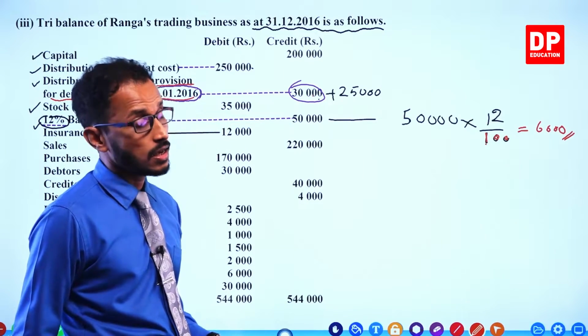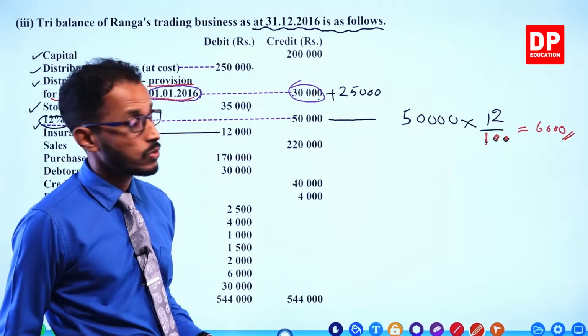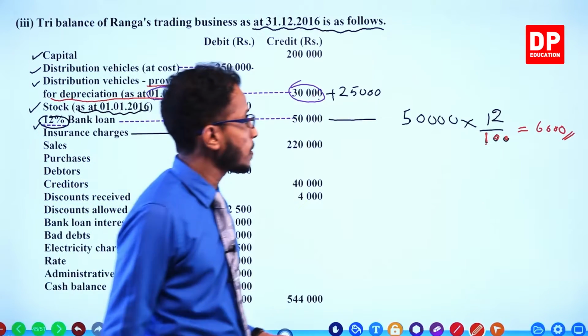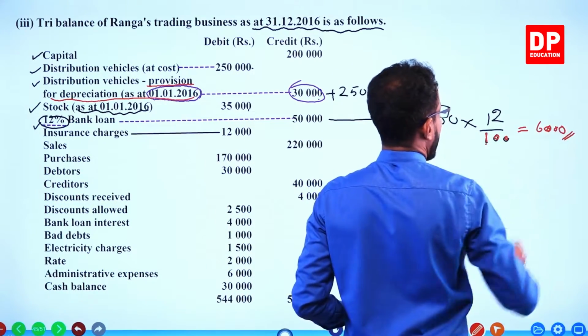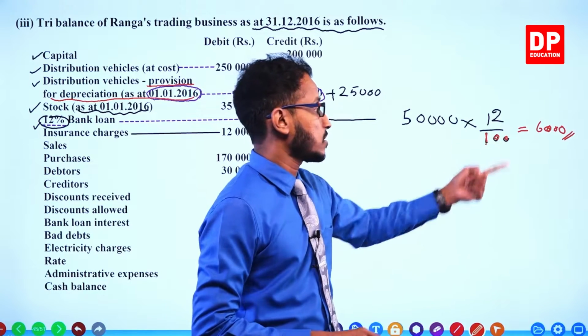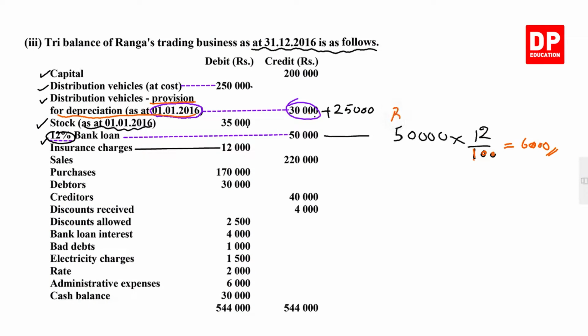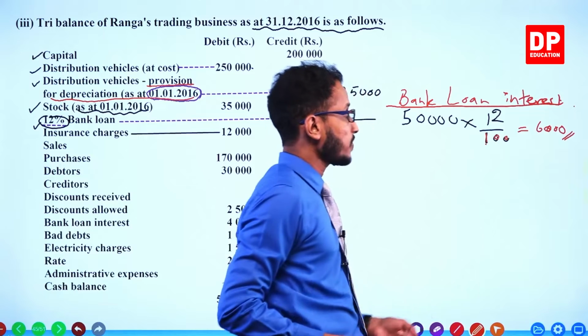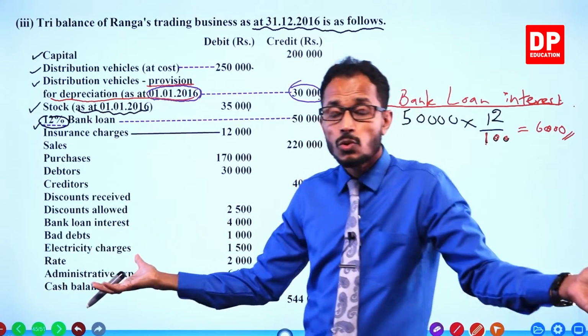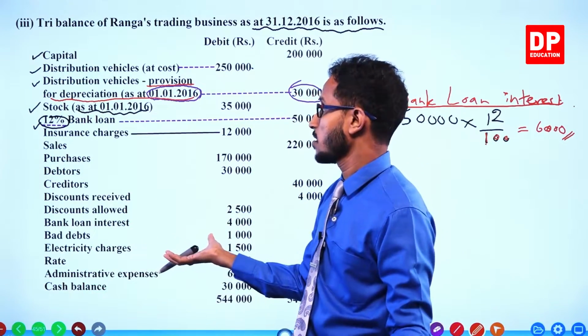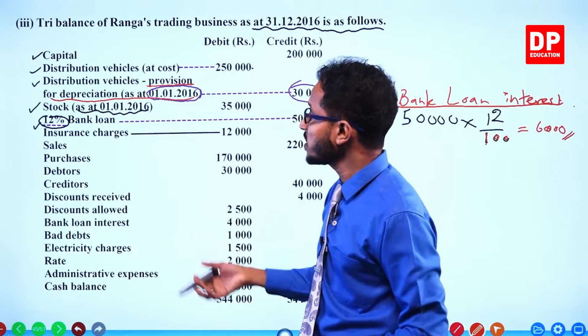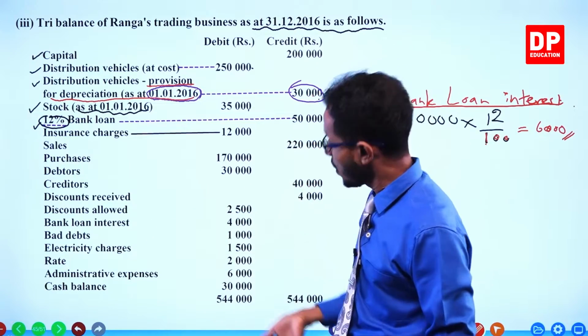But now you have to notice that this is bank loan interest. Now you have to notice, children, there is a bank loan interest already given here.